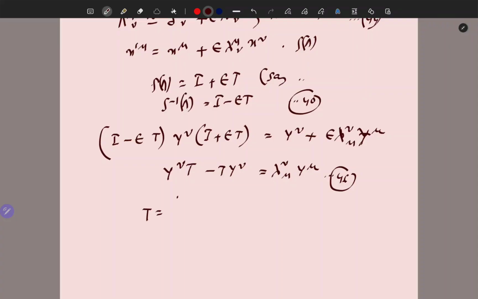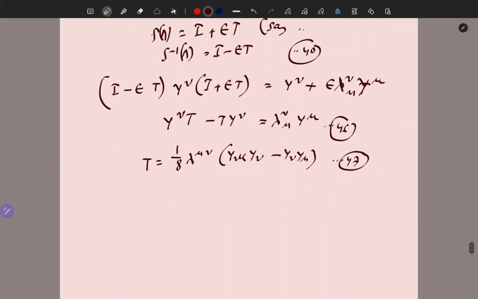A choice t equal to 1/8 λ_{μν}(γ^μ γ^ν minus γ^ν γ^μ). This is equation number 47, which satisfies equation number 46. Recall equation number 37.